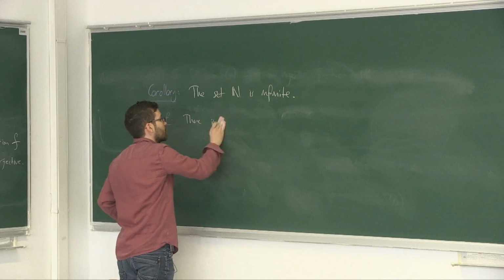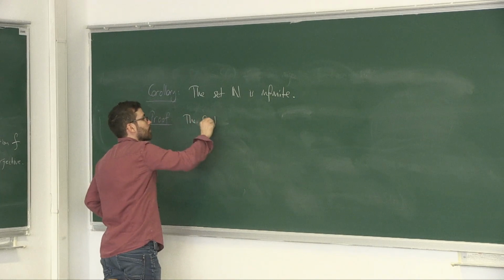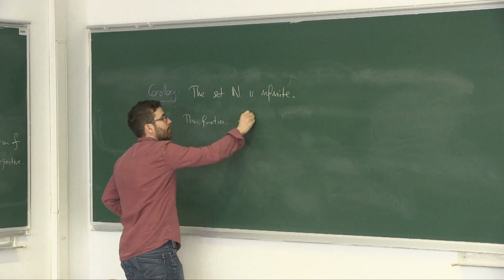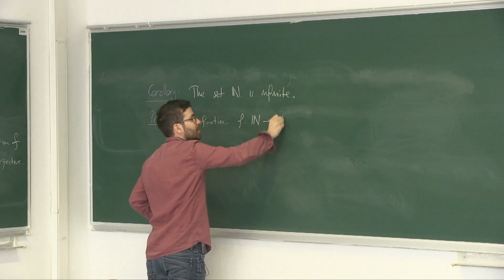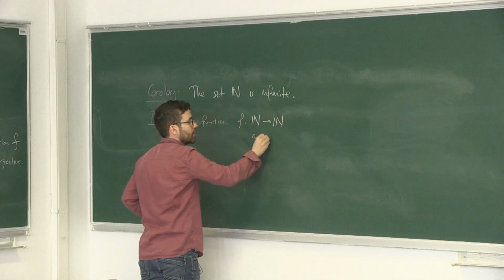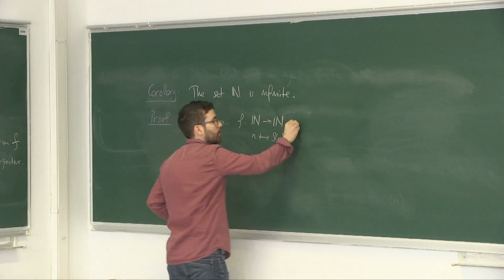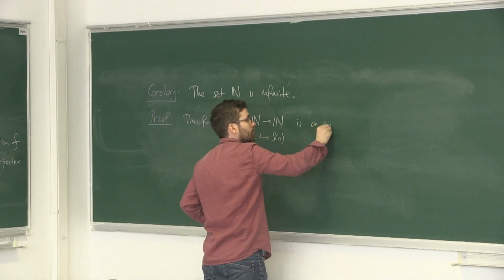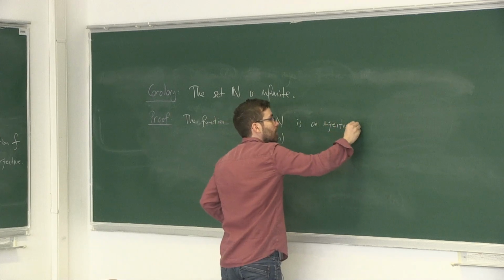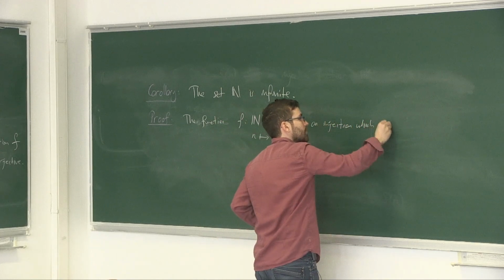There is a function f from natural numbers to natural numbers, which sends little n to successor of little n, is an injection which is not a surjection.